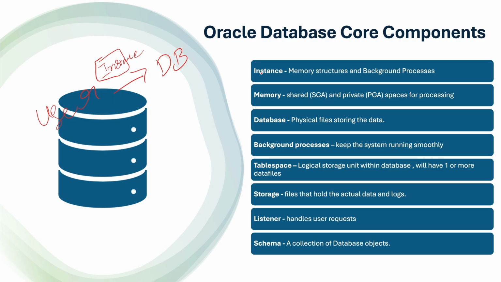Memory consists of the System Global Area and PGA, shared pool, library cache, and Java pool. A lot of pool memory will be there, and the buffer cache will be there. So a lot of structures will be there in the memory of the Oracle database.